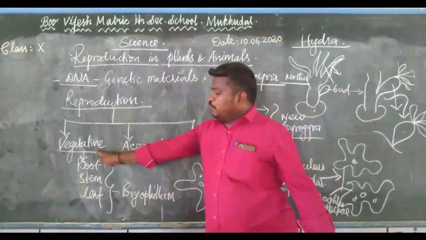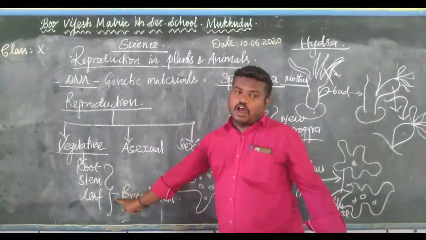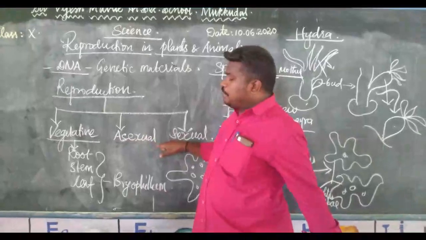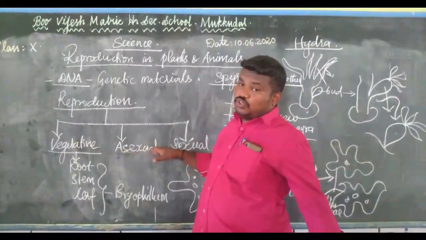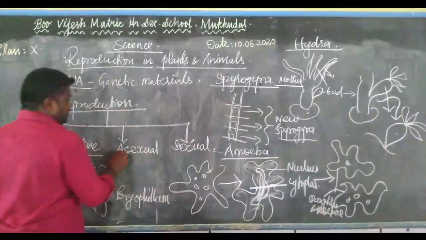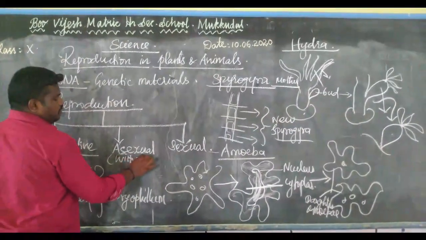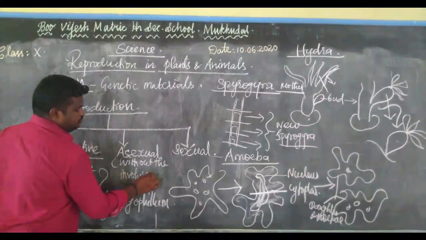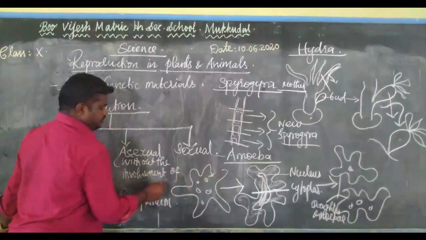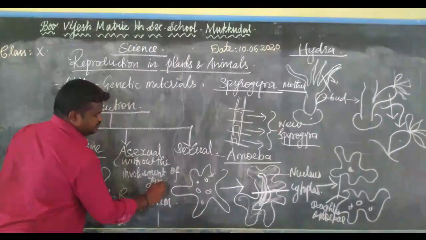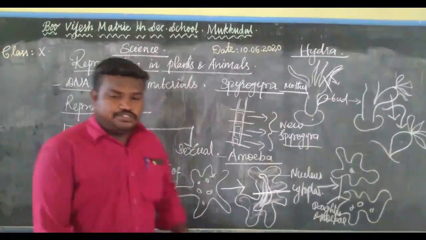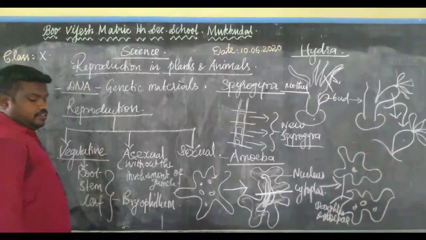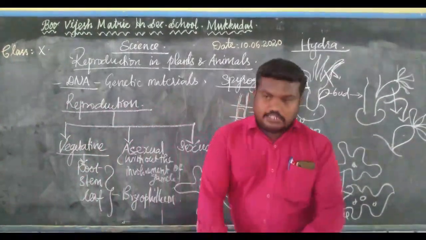The body parts produce their offspring, as in vegetative reproduction. Asexual reproduction means without the involvement of gametes.